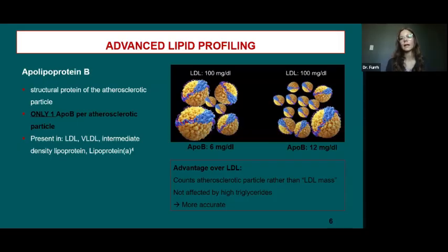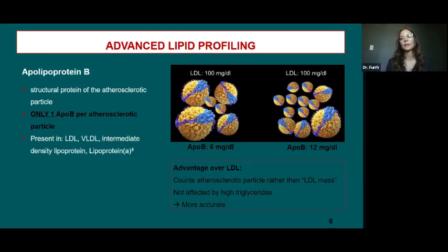The difference is that their individual particles have different sizes and therefore are different numbers to make up the 100 milligrams per deciliter. The patient on the left only has 6 particles. The patient on the right has 12 particles. So with LDL, that is the one that causes damage to your arterial walls and the plaques and is the risk factor for cardiovascular disease.